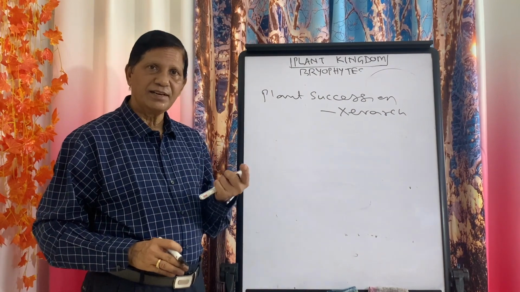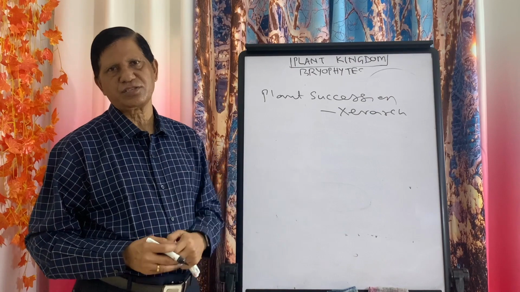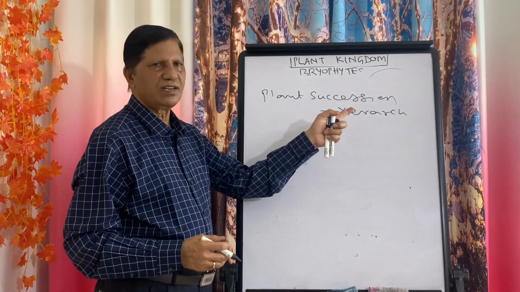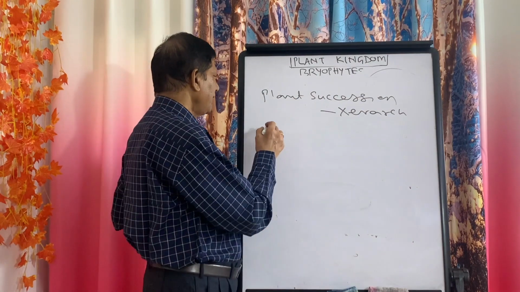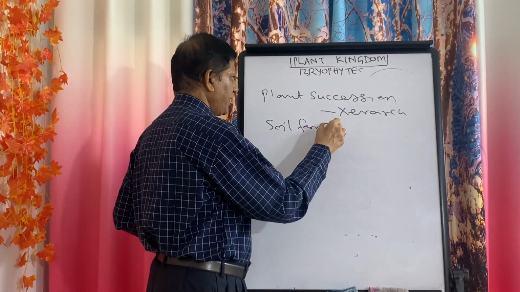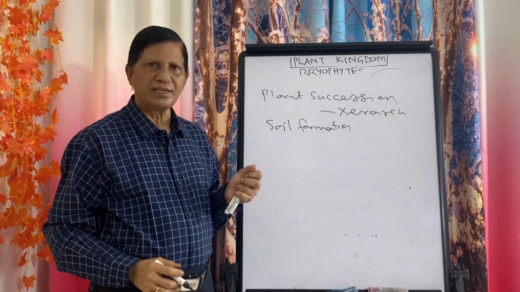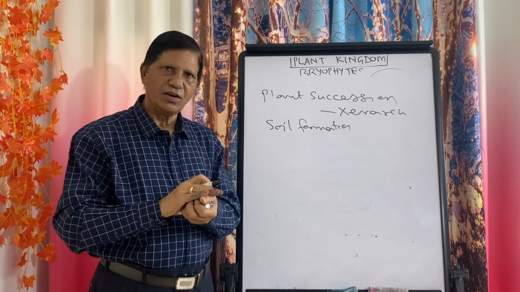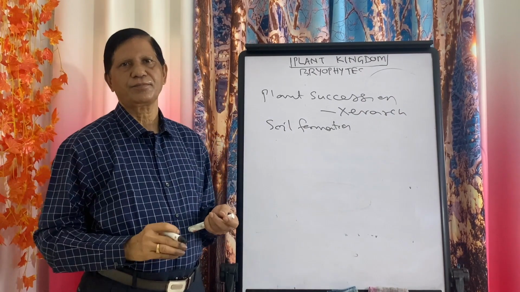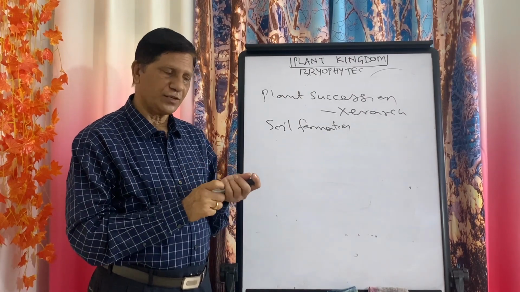After lichen, the next one which grows is the mosses. So it plays a very important role in xerarch succession, and it helps in soil formation. Because when the death and decay of these mosses take place, it adds more soil on which other higher plants, herbs, and shrubs can gradually grow. So this is about the ecological and economic importance.